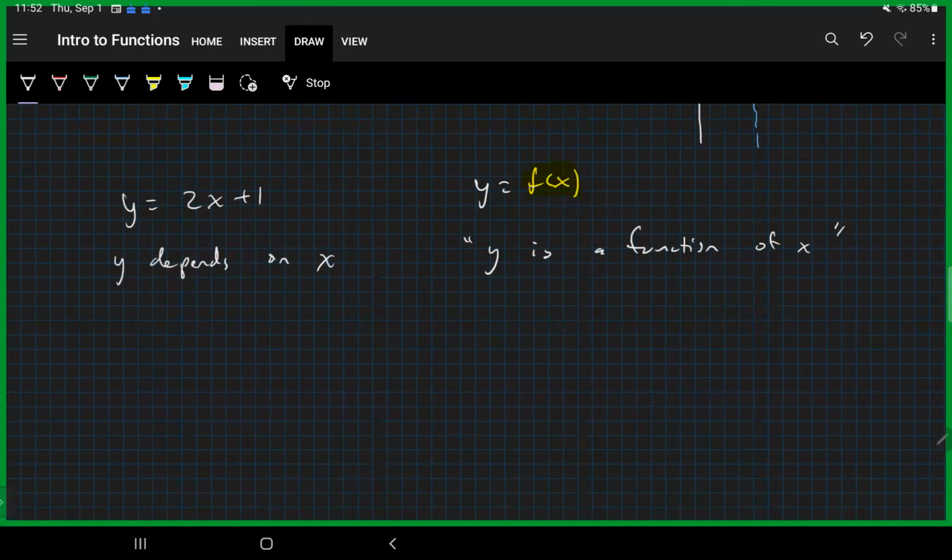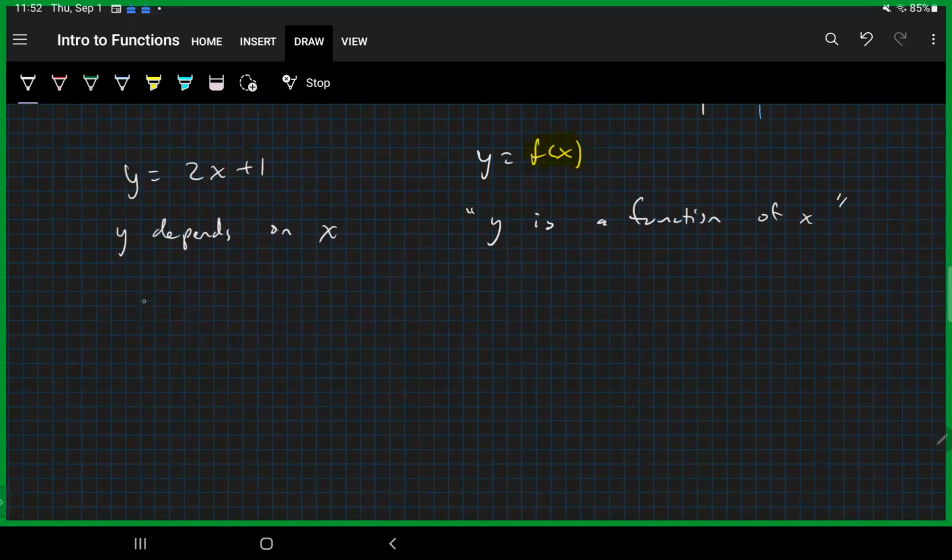So let's compare these two notations. If I wanted to graph y equals 2x plus 1, I can make my t-chart, and I can pick values for x and plug them in. I can plug in, say, -3, 0. I can plug in 1. And it doesn't matter what I plug in. I'm going to plug that number into this and evaluate it.